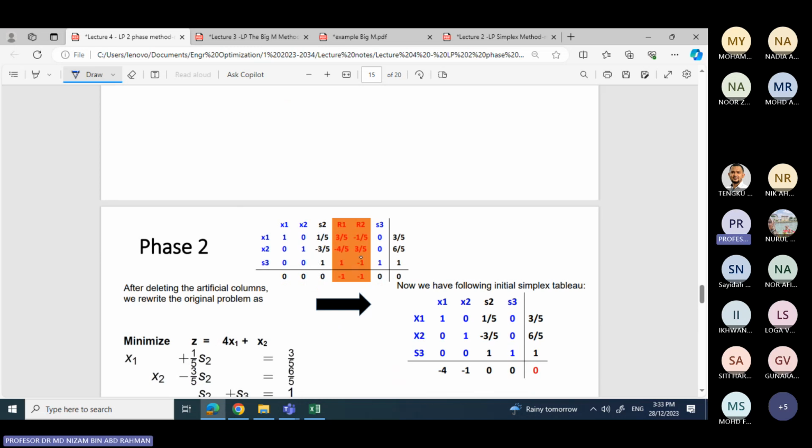The only thing we do is eliminate the artificial variable columns. We take them out, and now the tableau becomes this.